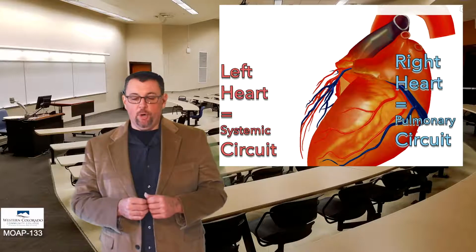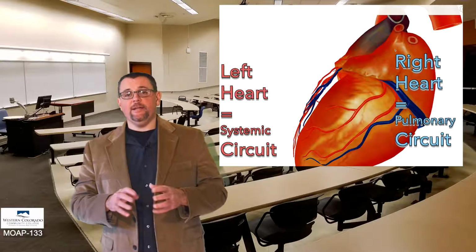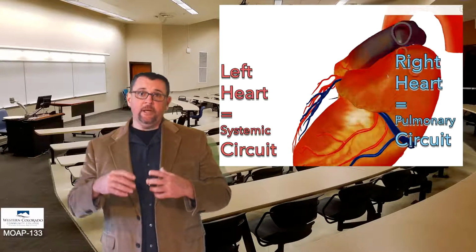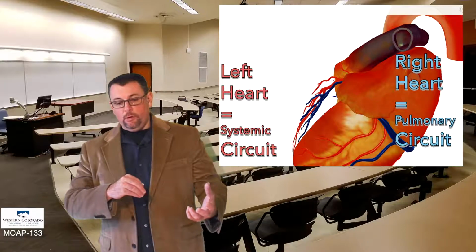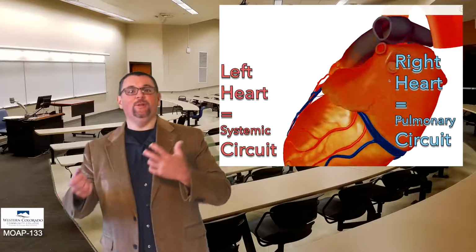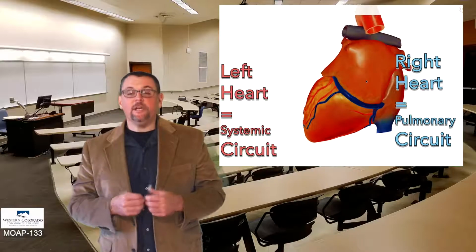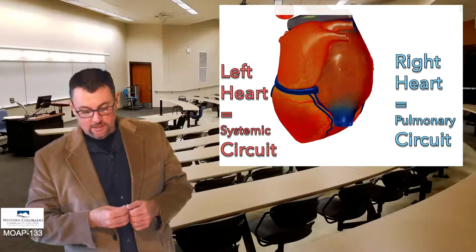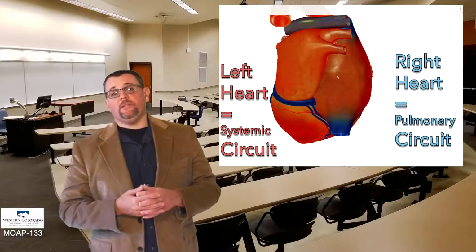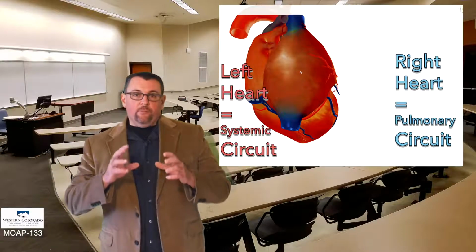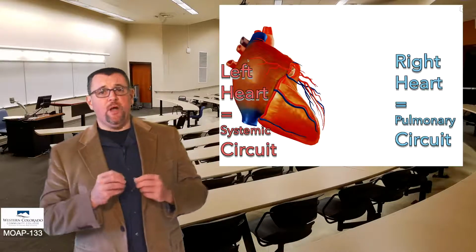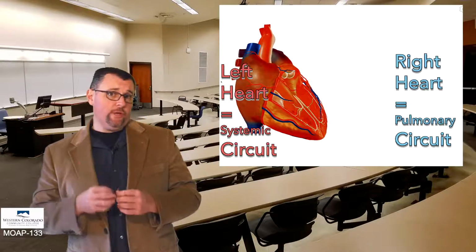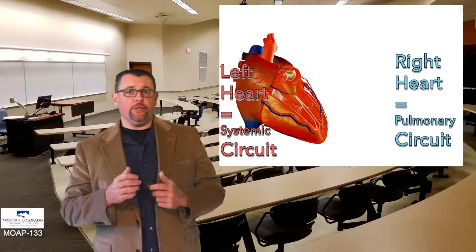Even though both are present, the heart is really a 2-pump organ with a ventricle on the right and a ventricle on the left, atria on the right, atria on the left. So think of it as 2 pumps put together, not one pump that perfuses the entire body. The significance of it is this. The left side of the heart is responsible for all of the functions that you think of when you think of the heart and the circulation of blood.